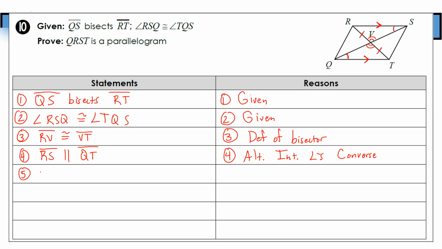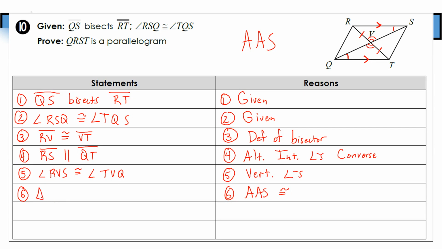We can say that angle RVS on the top is congruent to angle TVQ on the bottom. And that's true because they are vertical angles. Now that we've done that, we have angle, side, angle, side. So we can conclude that the two triangles are congruent by the angle, side congruence postulate.